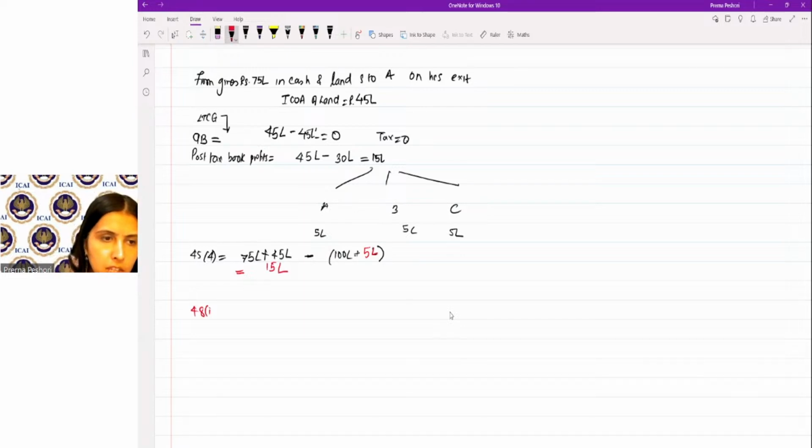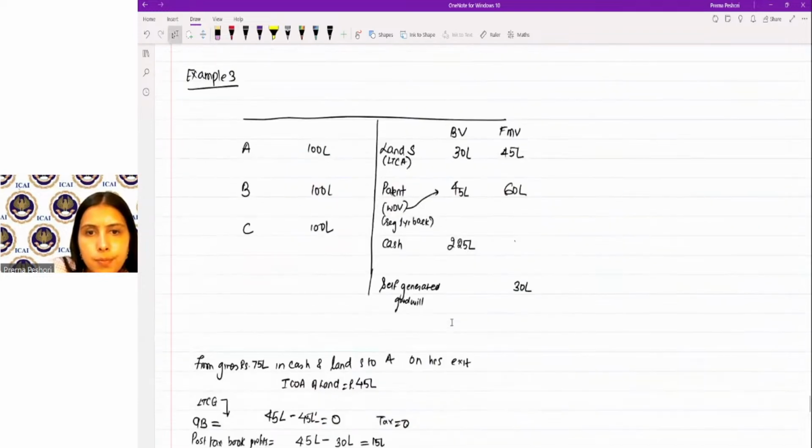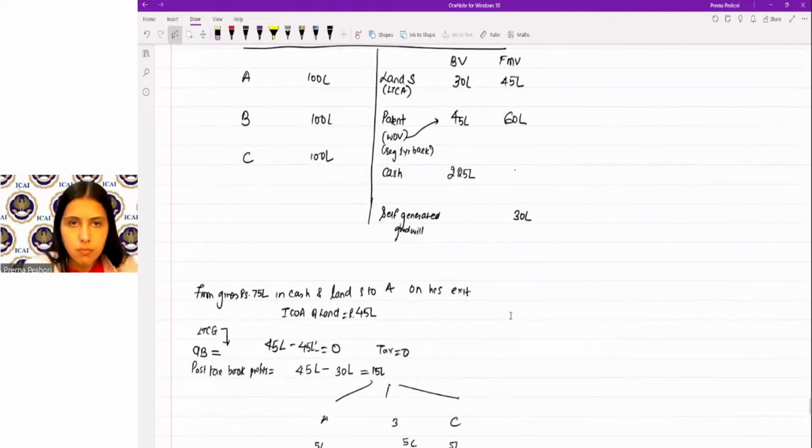What will be 48(3)? Now 48(3) will be what? Yes, Gopika, correct. 48(3) will be what?